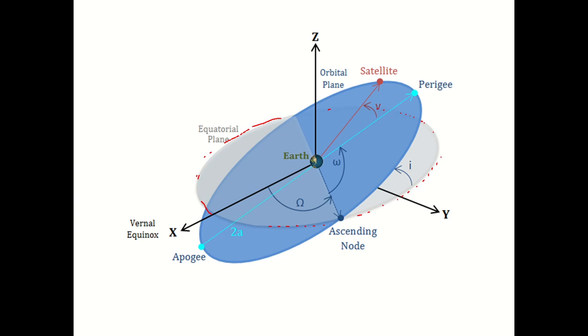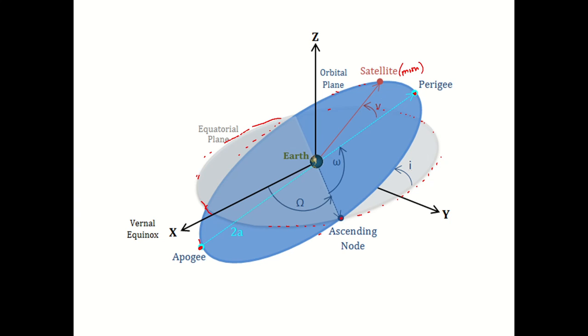Now if you consider any satellite like the moon, which is revolving around the earth, it is again in an elliptical orbit. The orbit of this satellite is represented by the blue line, and this is the point of apogee and this is the point of perigee.